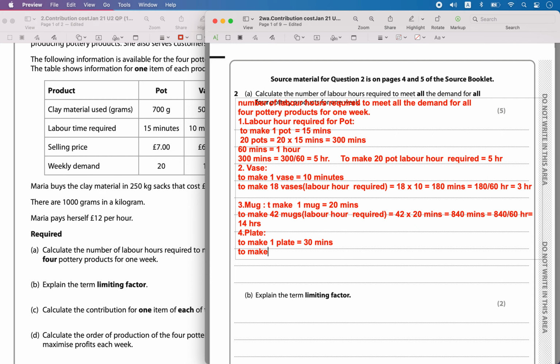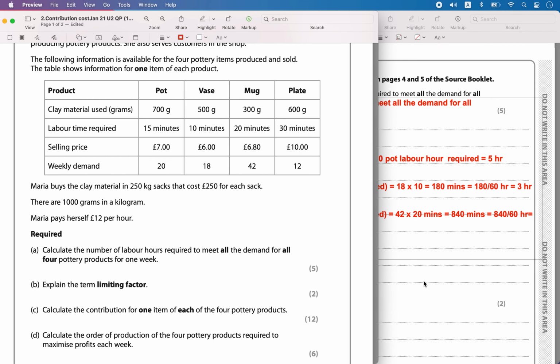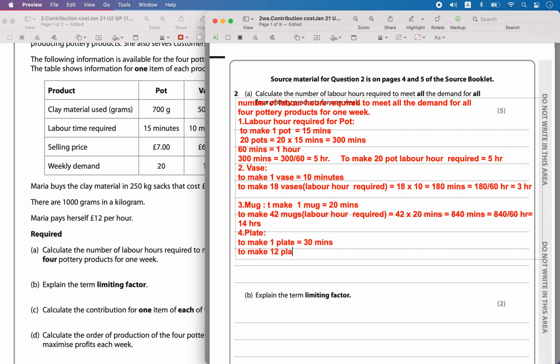For the weekly demand of 12 plates, she would require 12 into 30 minutes, which is equal to 360 minutes. 360 divided by 60 is equal to 6 hours.